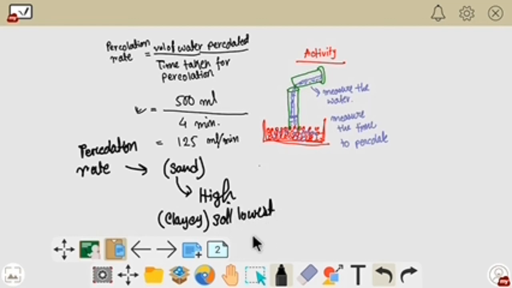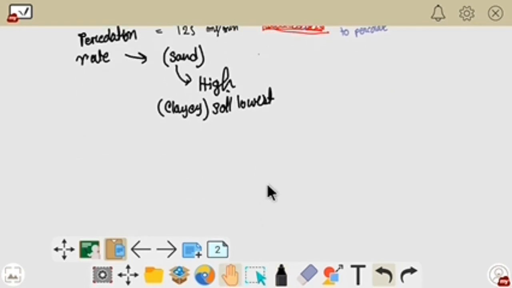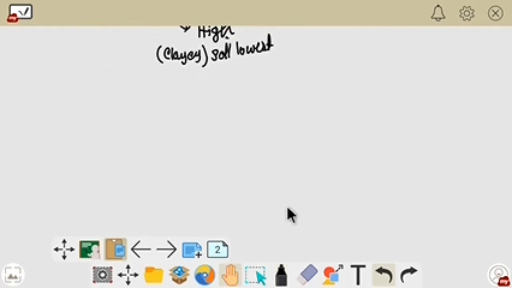There are many tiny particles present, but very little empty space. So water cannot pass through the clay soil. So for clay soil, the percolation rate is very low, because it can store the water around it. It can absorb more water.